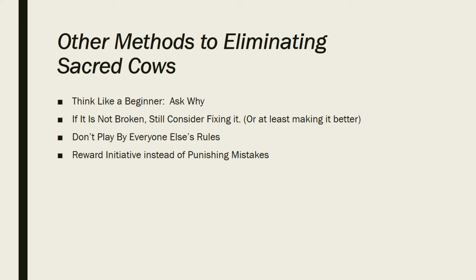If it's not broken, still consider fixing it. And by that, I mean at least make it better. We have to constantly be looking for ways to improve on things, okay? For example, even though, say, our company is making a profit, are there new markets we can get into? You don't want to sit on your laurels and say, hey, we're turning a profit. Why should we mess with all that?